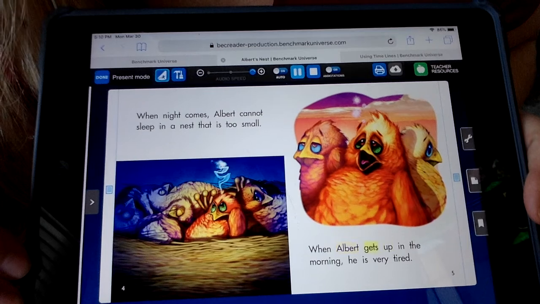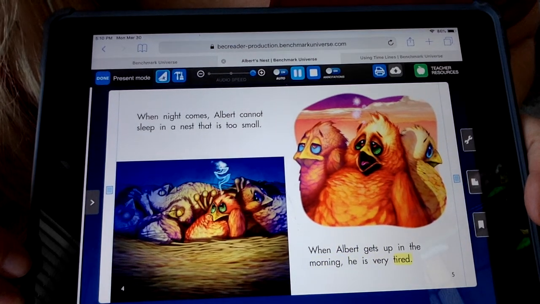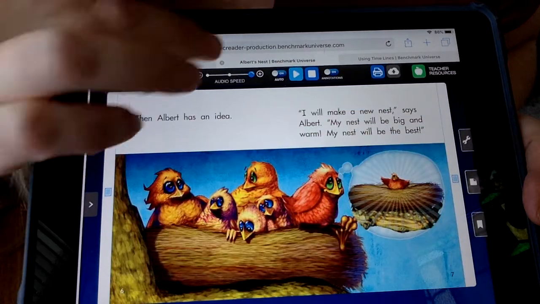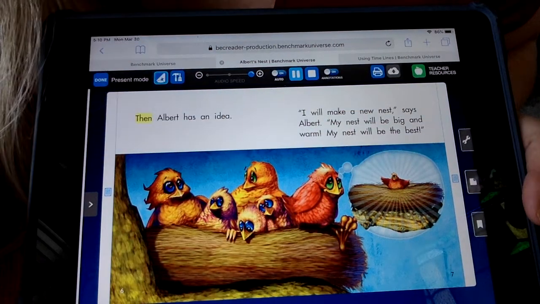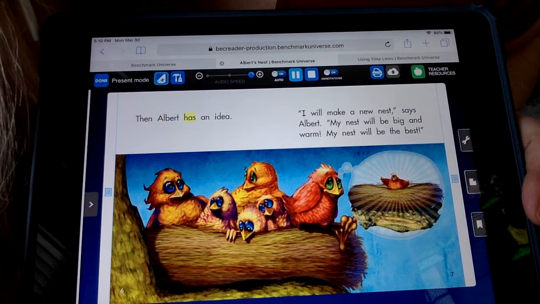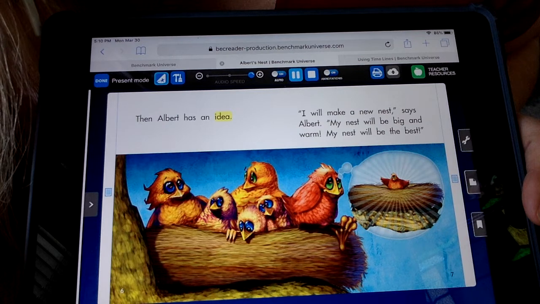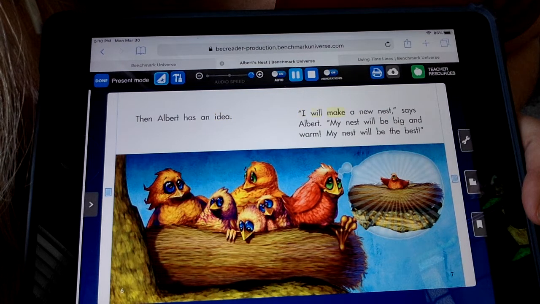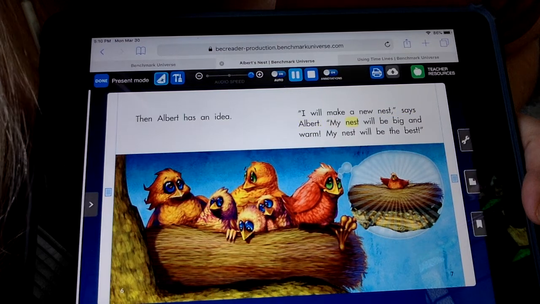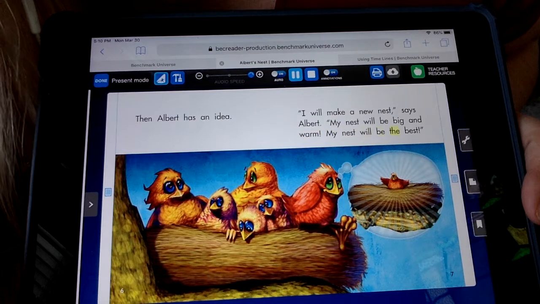When Albert gets up in the morning, he is very tired. Then Albert has an idea. I will make a new nest, says Albert. My nest will be big and warm. My nest will be the best.